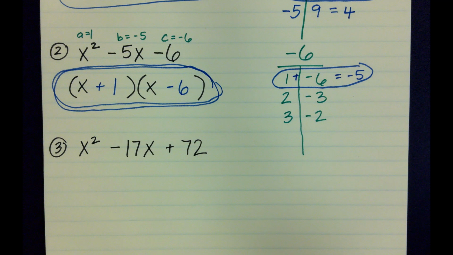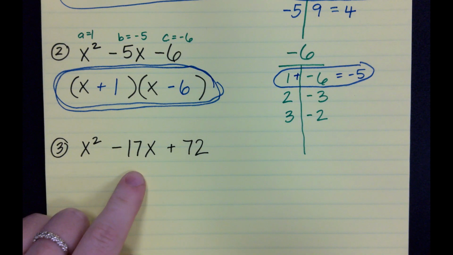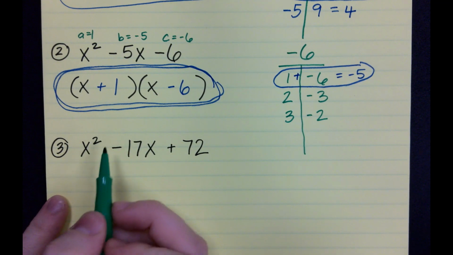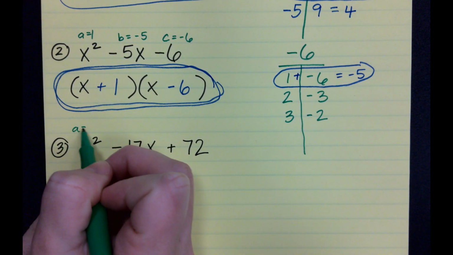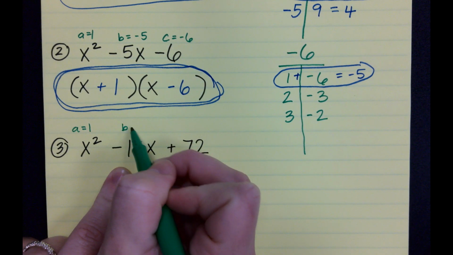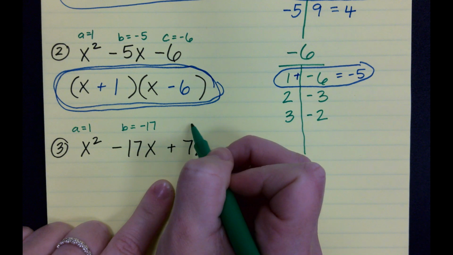Whenever we are factoring quadratic expressions, remember we're looking at our A term, our B term, and our C term. So what's our A here? What number's attached to x squared? 1. Good. What's our B? -17. Good. And what's our C?